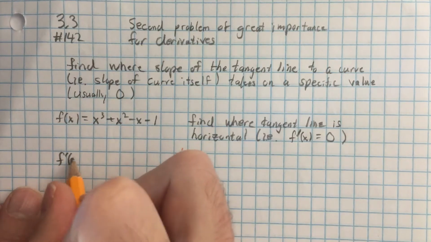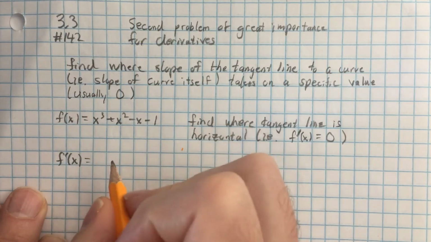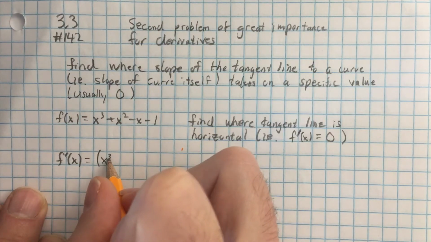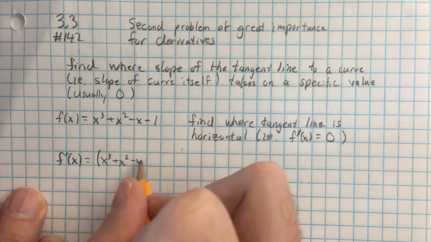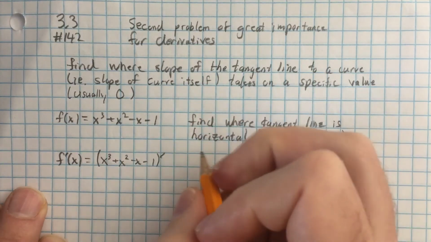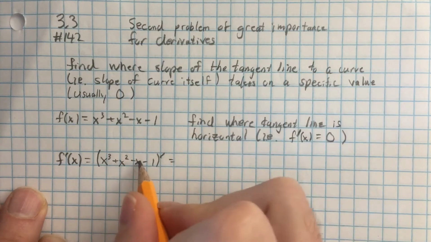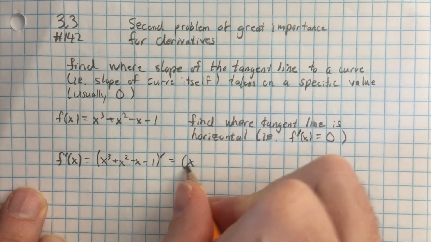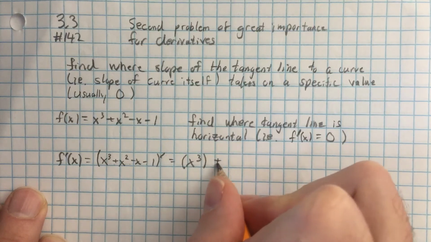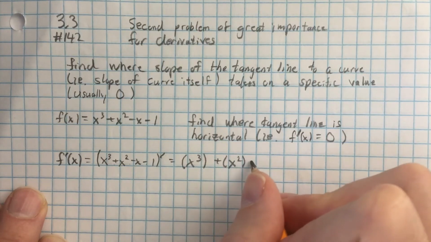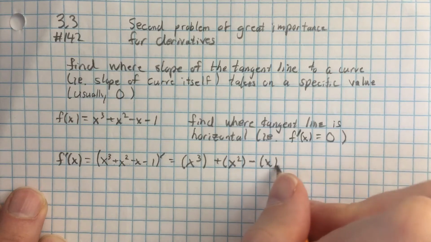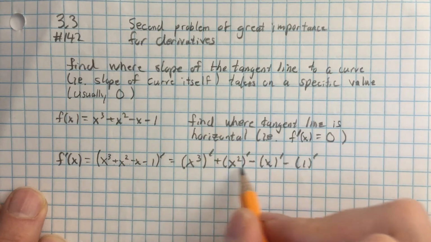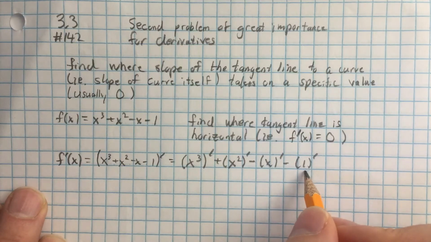So f prime of x is the derivative applied to the totality of the function. And then, because the most outer operation happening is these sums and differences, the derivative will distribute across to each term in and of itself. The first three are power rules, and the last one is the constant rule.